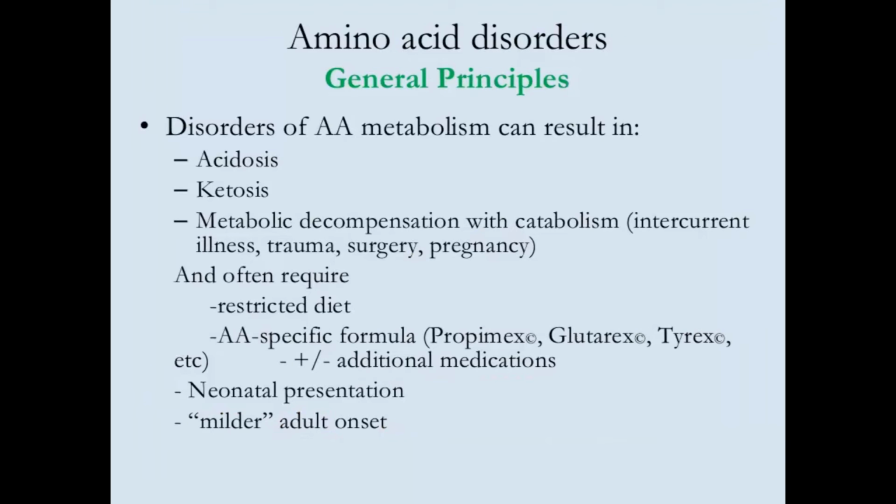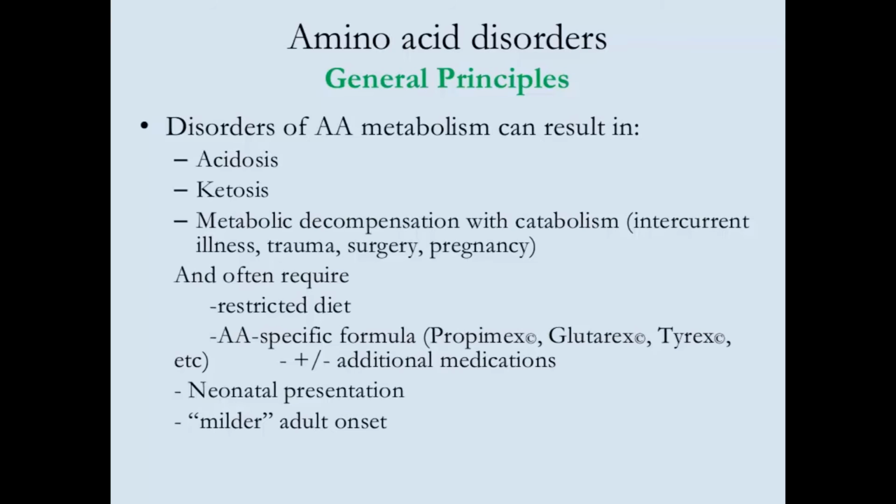So, some general principles about amino acid disorders, going back up to the original flow. Typically, amino acid disorders are the disorders that will result in metabolic acidosis, ketosis, and significant decompensation in the face of catabolism, so anything that's going to rev up your metabolism, like being sick, vomiting, having surgery, being pregnant.